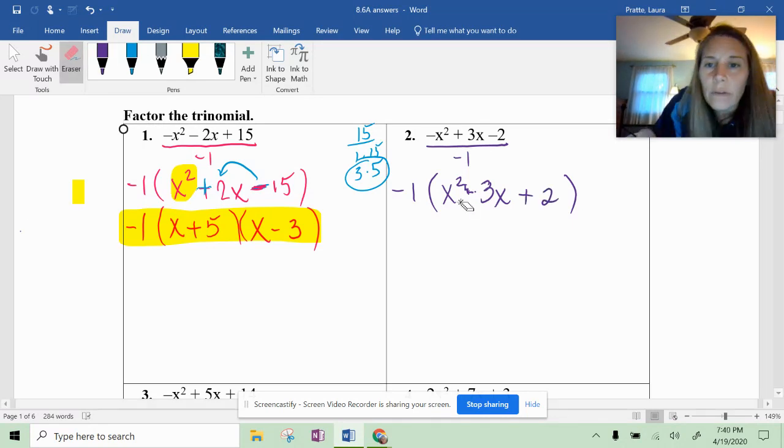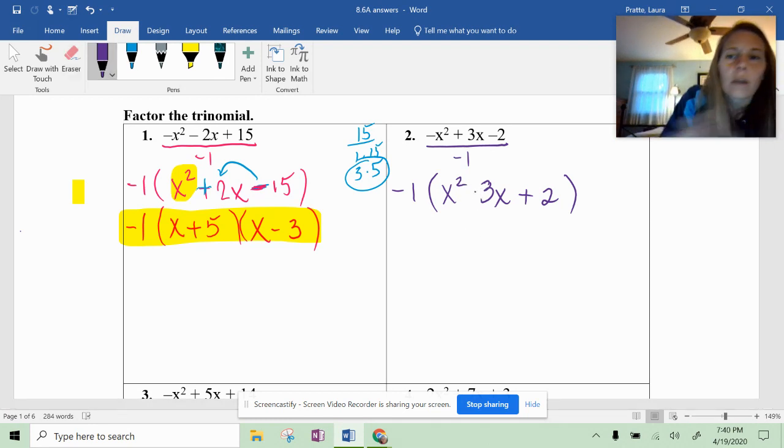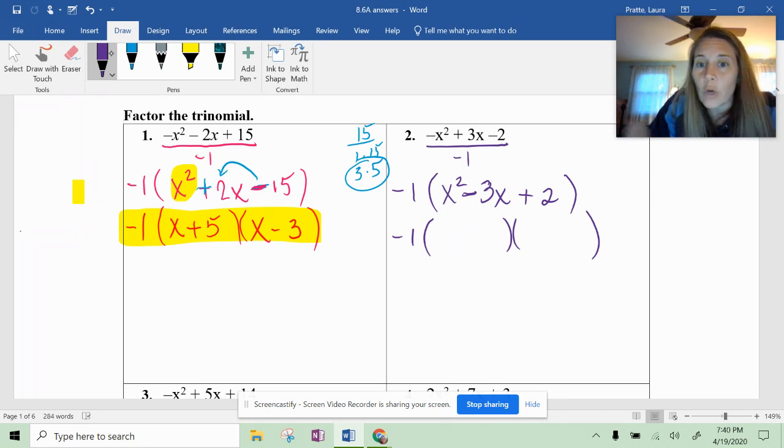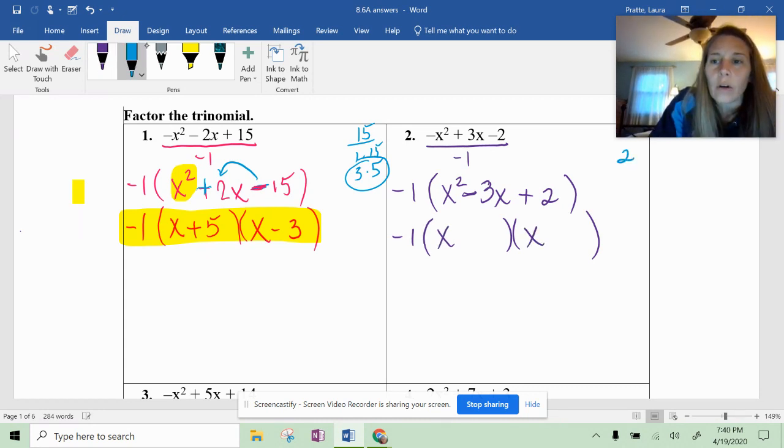So let me see if I can fix this here. Okay, so that's a minus there. Okay, so now once again, we have this x squared minus 3x plus 2. So it's a trinomial starting with just that x squared. So we can split up the x squared into x and x. Then on our factor sheet or in our head, we think of the factors of 2 that will add up to get 3.